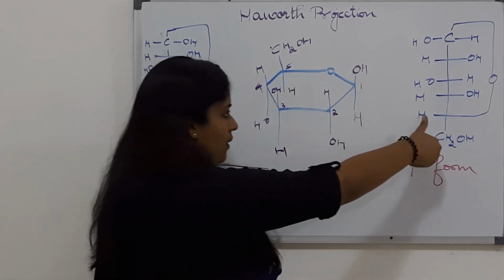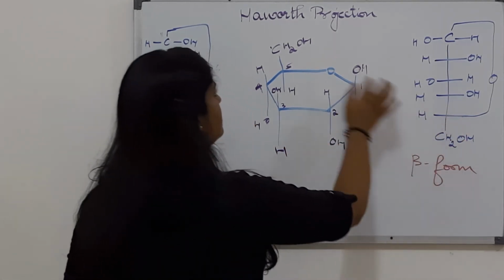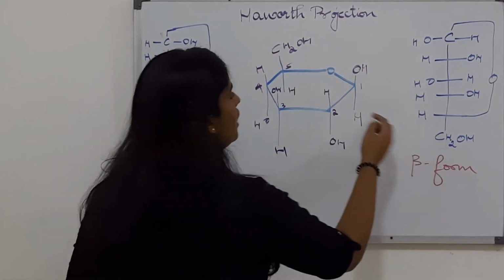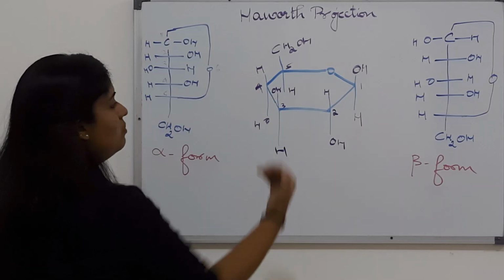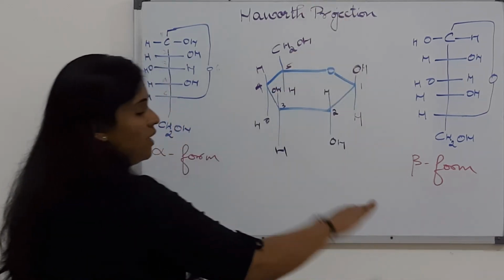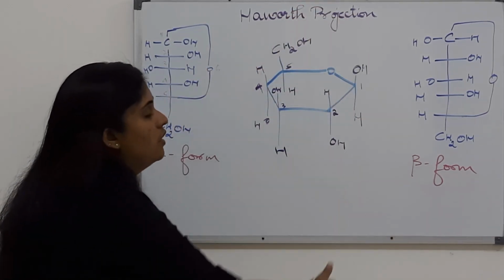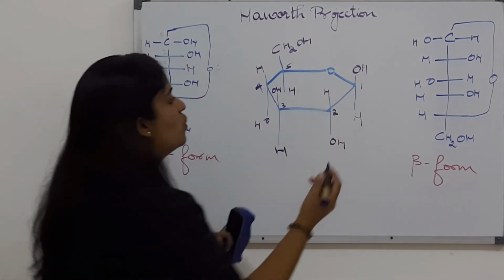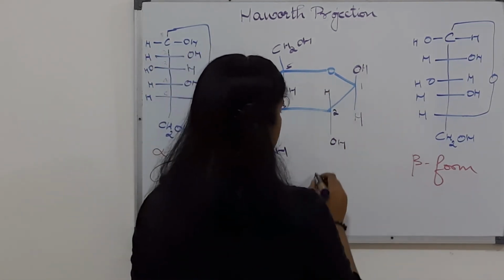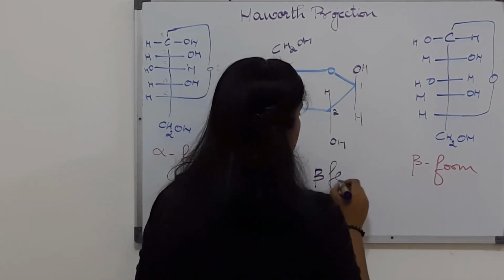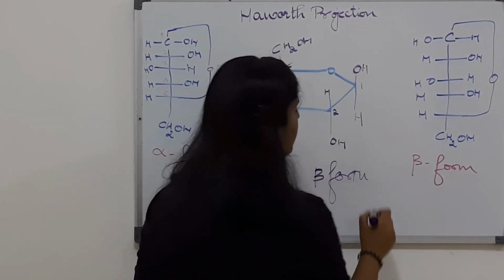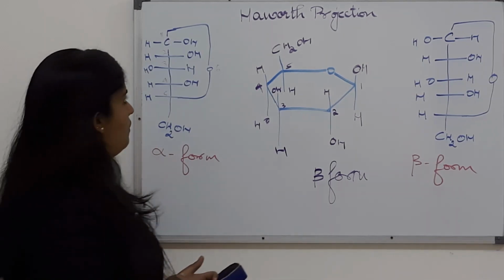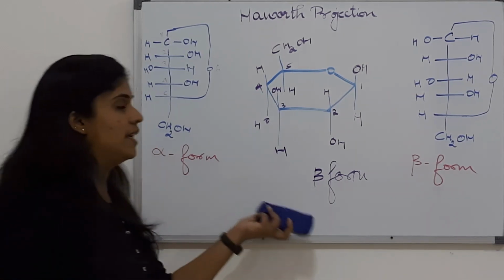When we see it that way, the CH2 will be on the left side, so it goes to the top, and the H would be on the right side, so it goes to the bottom. So all groups on the left come at the top and all groups on the right go to the bottom. And finally, oxygen is there. This will be the beta form in Haworth projection. That's how from the cyclic structure we can write the Haworth cyclic form of this.